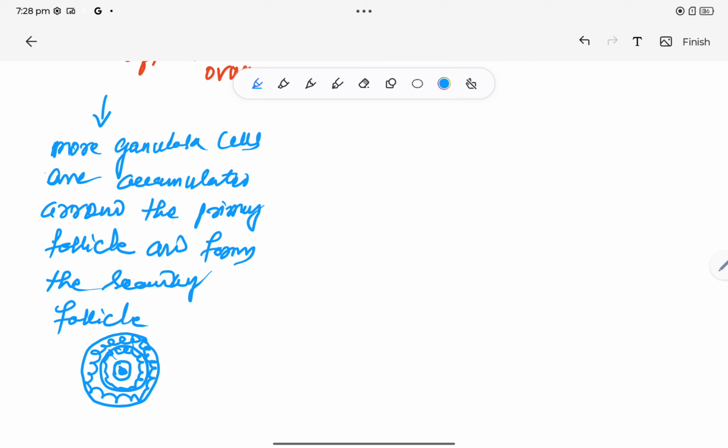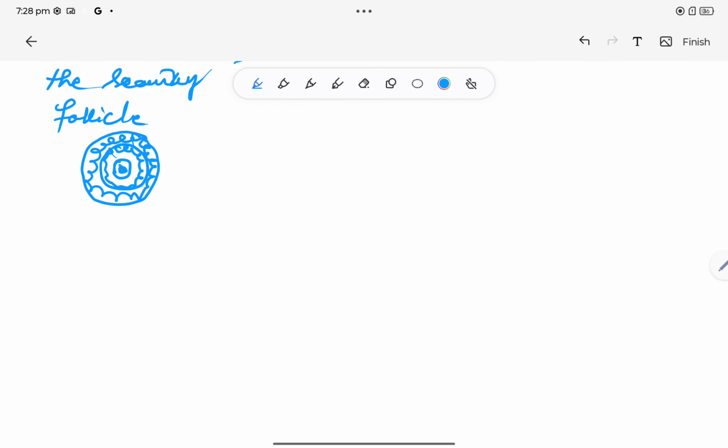And then this secondary follicle develops into the tertiary follicle. How is this tertiary follicle different from the secondary? Here a cavity is formed, and it contains the secondary oocyte.